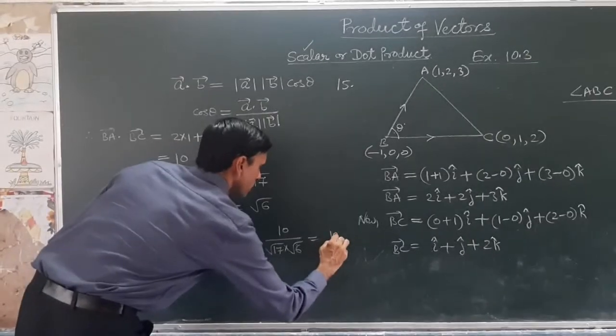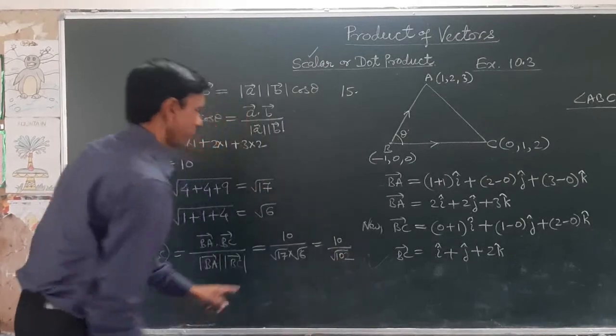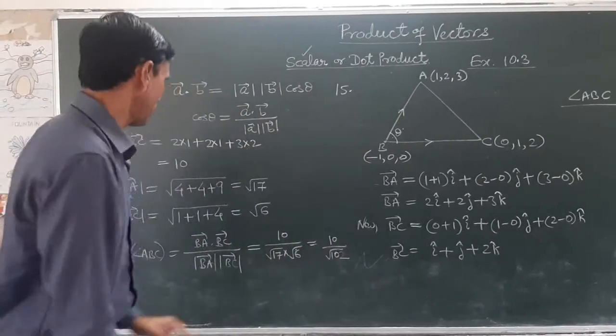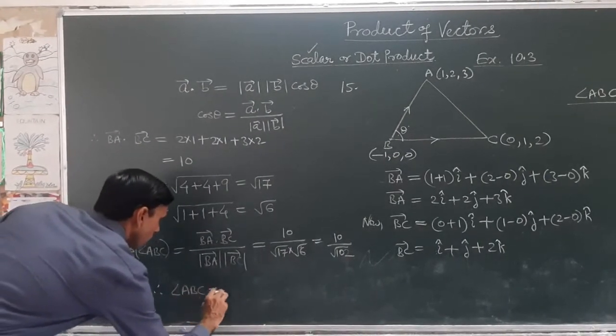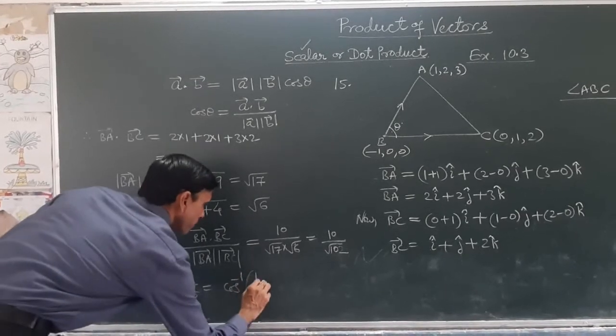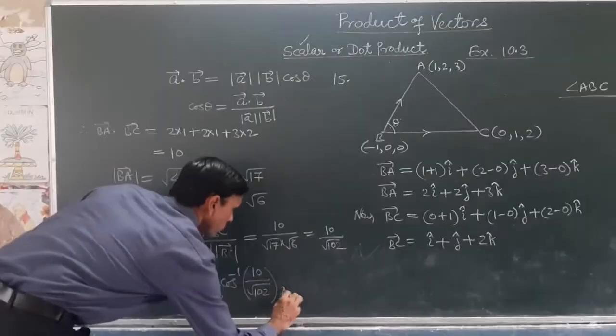So this is 10 upon under root 102. This product. अच्छा cos थीटा नहीं बोला, उसमें एंगल बोला है, तो क्या लिखेंगे, therefore एंगल ABC भी cos inverse लगा दीजिए, जानते हैं 10 upon under root 102.